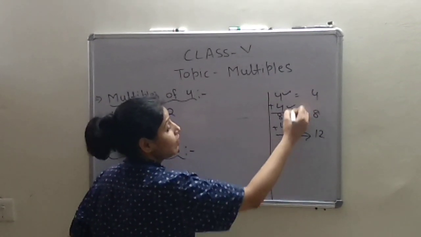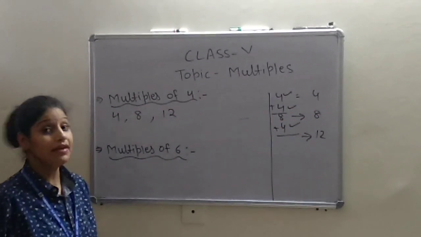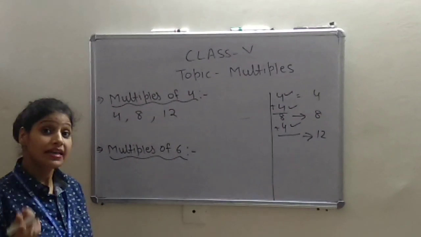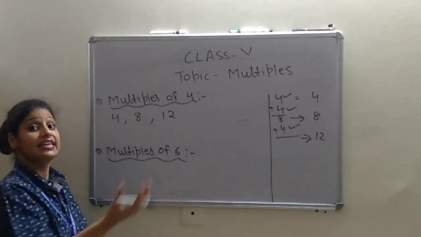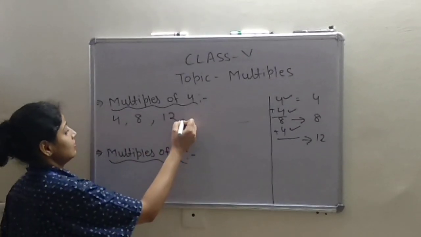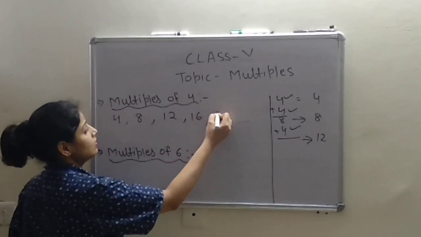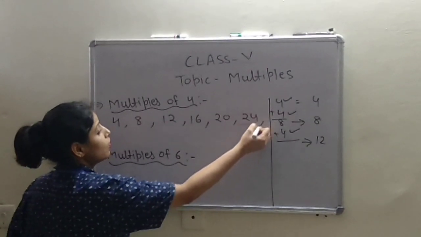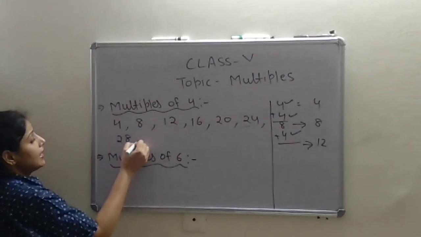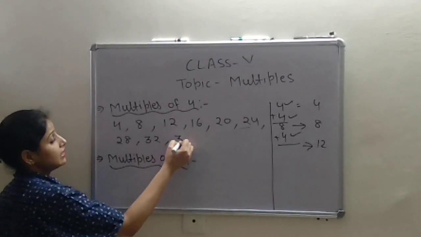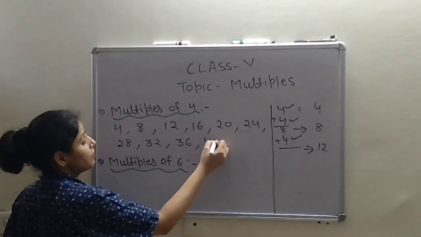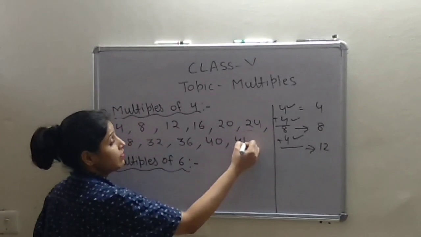So repeatedly what are we doing? Repeatedly we are adding 4 to get the next number. So this is how we are getting our multiples. 16, 20, 24, 28, 32, then 36, then 40, then 44.